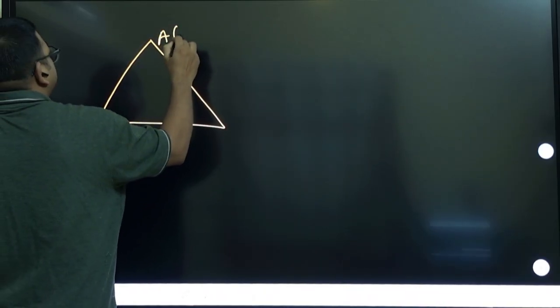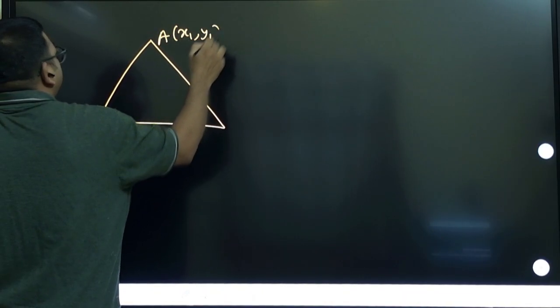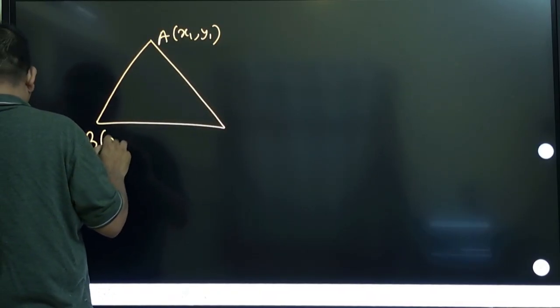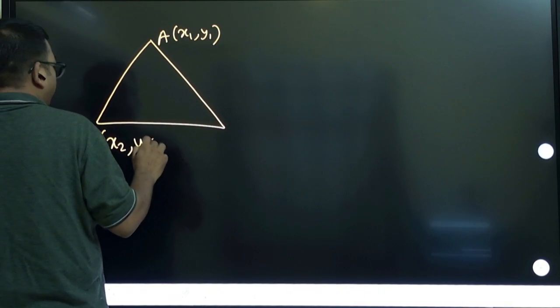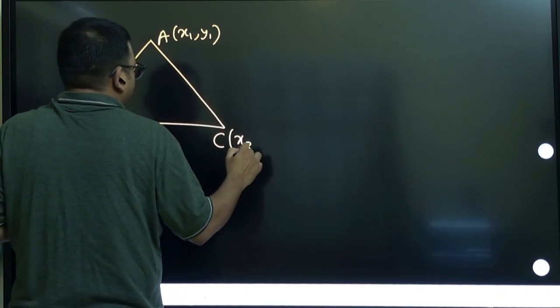Suppose there is a triangle whose coordinates are (x1, y1), (x2, y2), and (x3, y3).